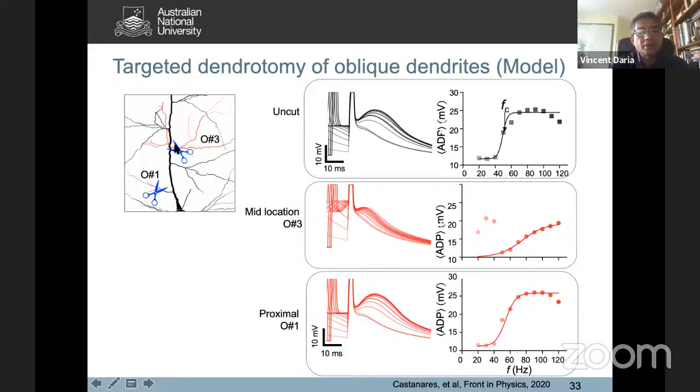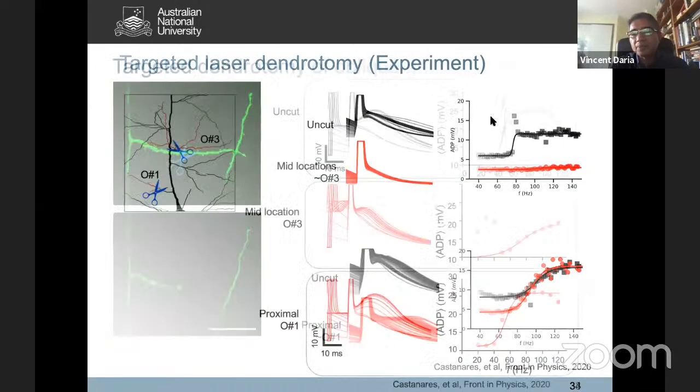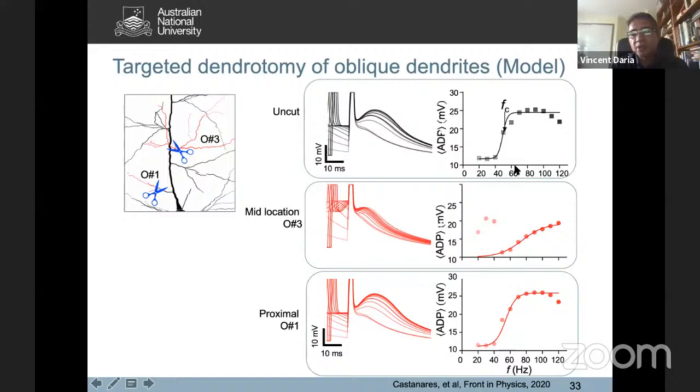If we cut oblique dendrite 3, for example, before cutting you have this response. After cutting, we have this response. That means the dendritic spike is gone. If we cut oblique 1, you still see this step response, which indicates that the dendritic spike does not occur in this dendrite, but it occurs in this dendrite here.